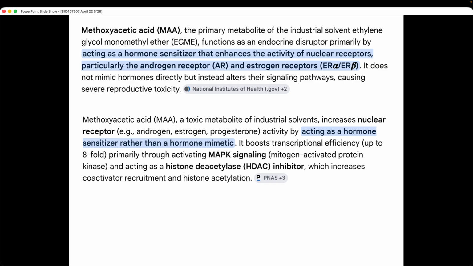So we're talking about target cells that would be affected by the hormone, and what does the hormone receptor cause as a response in the target cell? In this case, it can enhance the activity of nuclear receptors, and so it has effects on reproduction, but not by mimicking the hormone like BPA does, for example, but rather by different steps in the molecular path. So I want to learn about that.